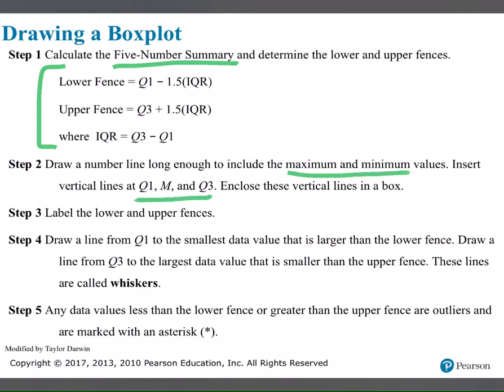And you need to put Q1, Q2, and Q3. And that's basically what's going to create your box. Label the upper and lower fences. Draw a line from Q1 to the smallest value and Q3 to the largest value. Those are called the whiskers. And then any outliers you denote by using a little asterisk.